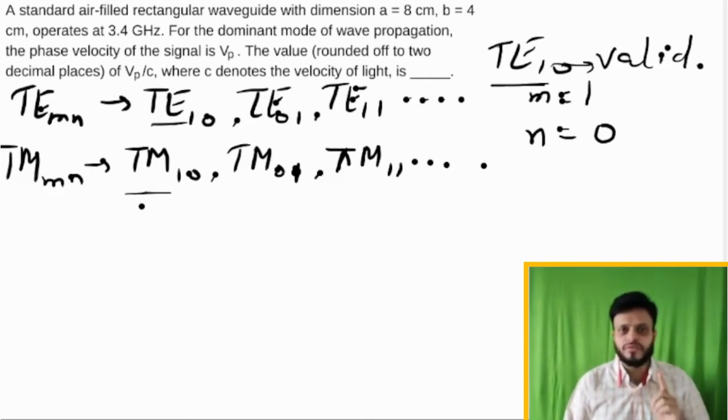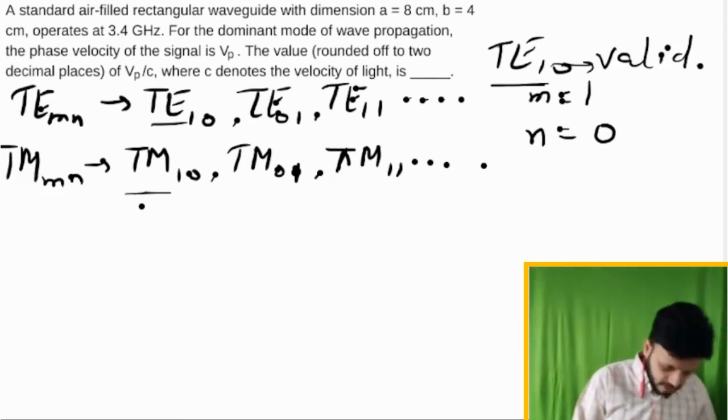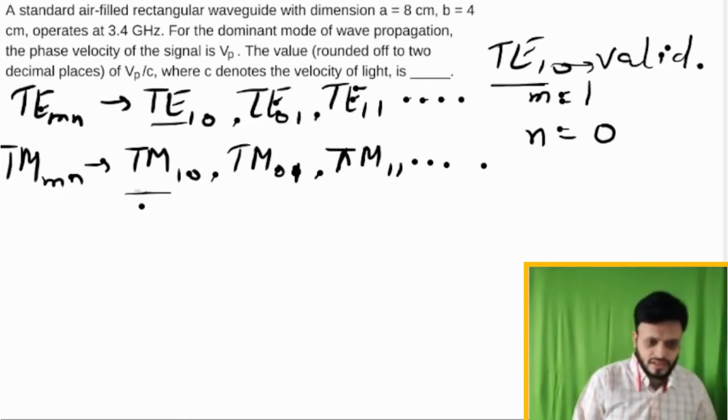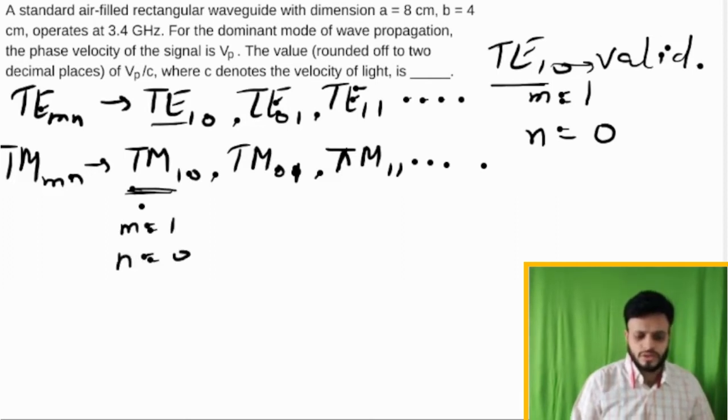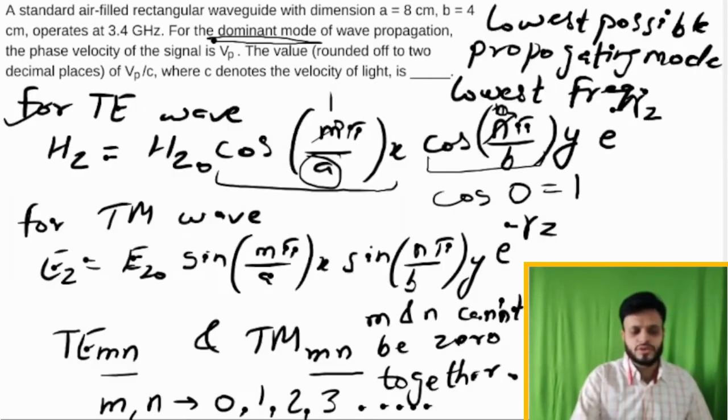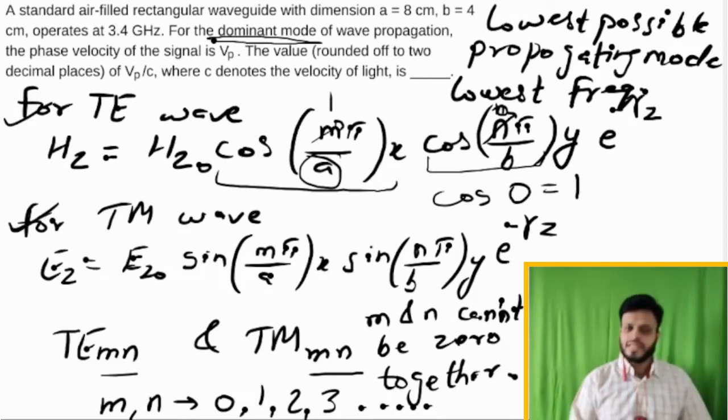But we are not looking for the lowest possible mode only. We are looking for the dominant mode. In dominant mode, the mode which is lowest in both TE and TM is considered. So now let us write down. Let us consider here again TM10 mode. Here m is equal to 1 and n is equal to 0. Now in the last slide you need to put 10 for the TM wave.